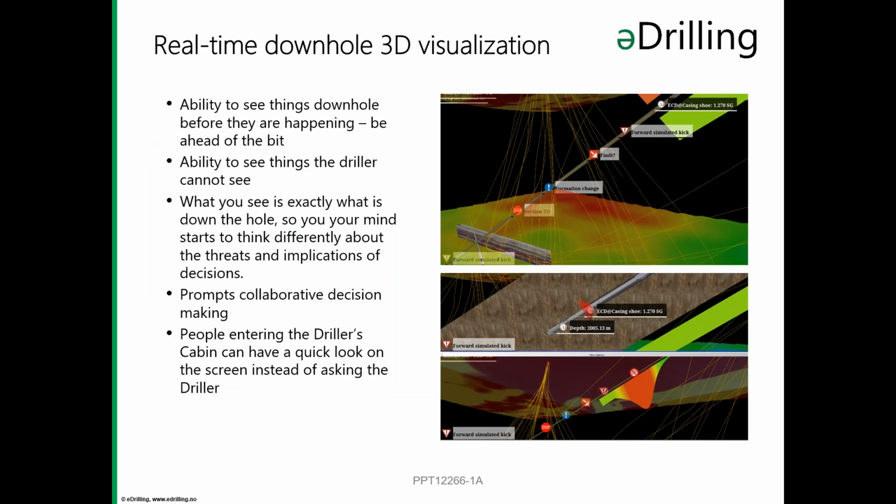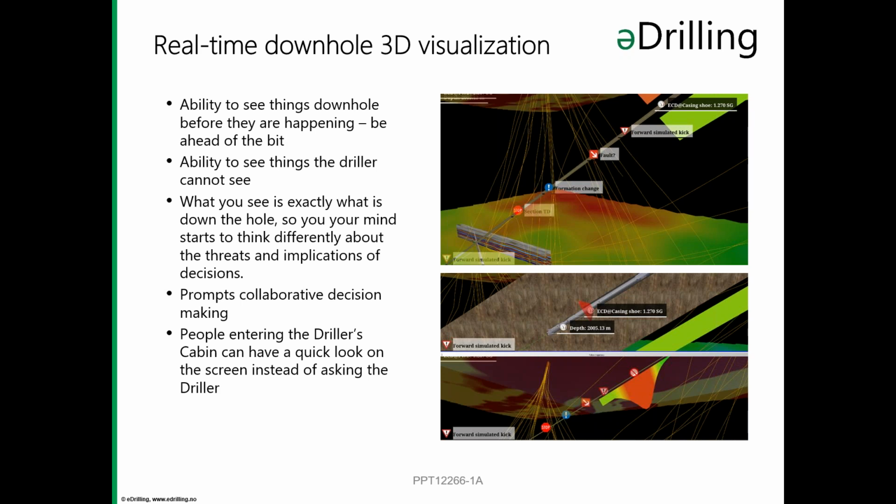So one thing which is quite unique about the solution we have is the real-time 3D visualization that we use in our applications. And you can see some examples on the slide in front of you right now. I'm not going to go too much into what you're seeing there, but the whole point is to be able to visualize the well in a way that's easier for people to interpret, to understand what's happening, and to give a very easy operational understanding.